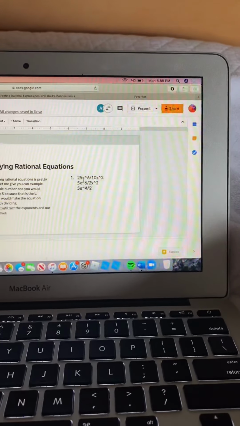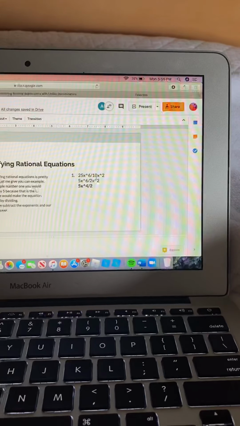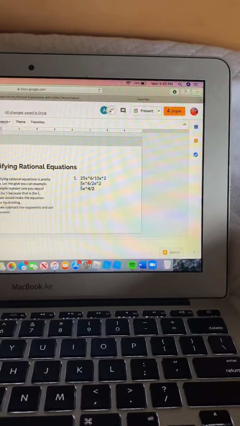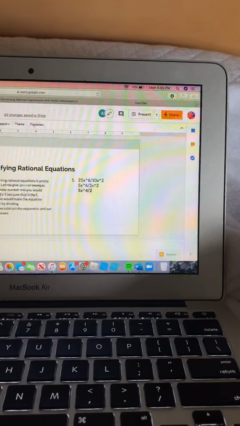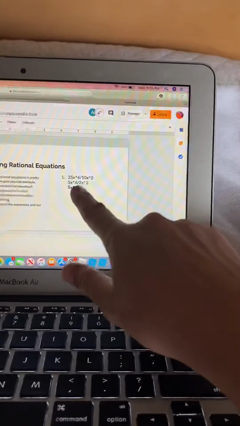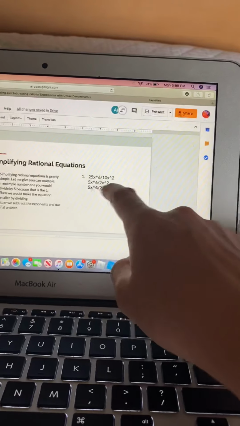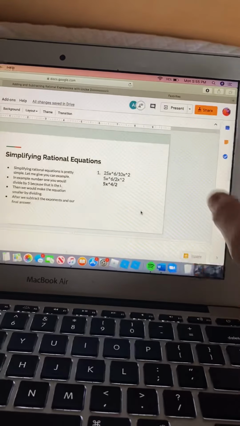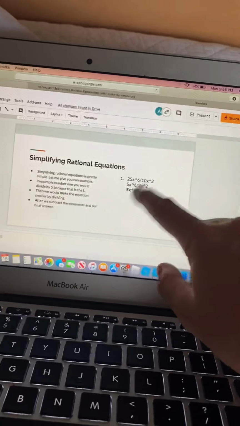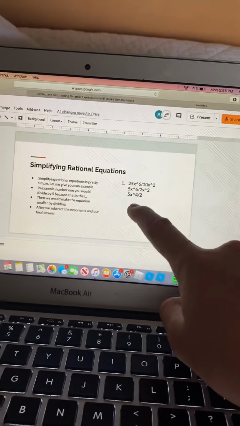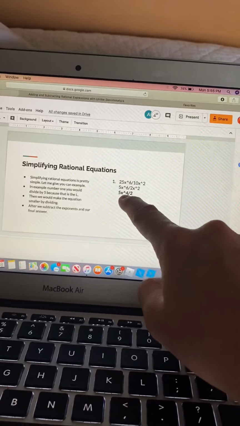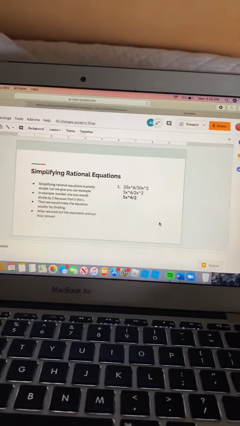So we would divide 25 and 10 by 5, which would give us 5x up to the 6th power divided by 2x up to the 2nd power. And then we would subtract our exponents. So it would be 6 minus 2, which is 4, which cancels out our x up to the 2nd on this side. So our final answer would be 5x up to the 4th power divided by 2.